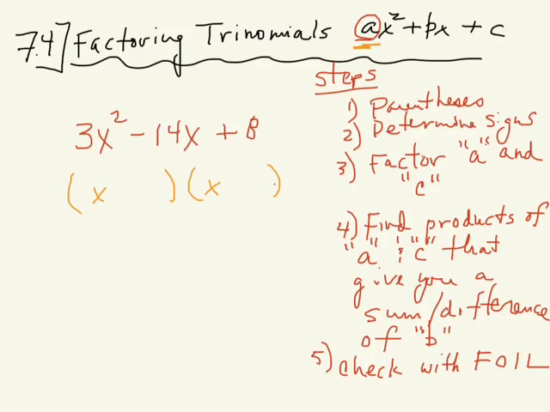So going through here, very first thing you do is parentheses. We did those. Next thing is you determine signs. So remember, to determine signs, we look at this right here. If it's positive, it means both these signs are the same, because remember when you multiply last times last, if you multiply a negative times a negative, you get positive.